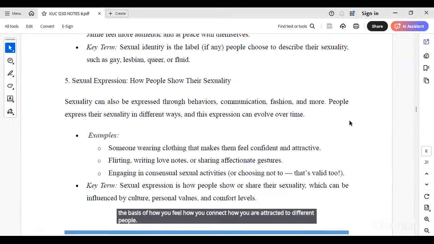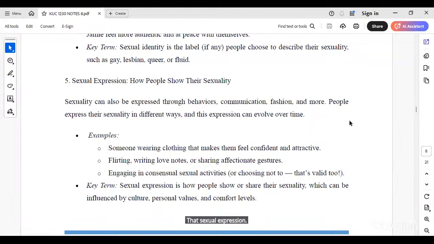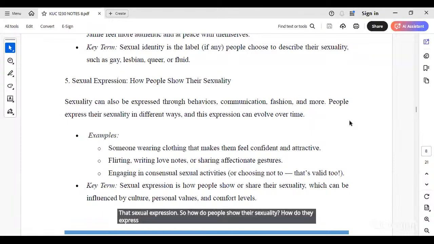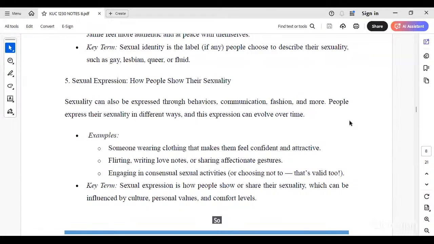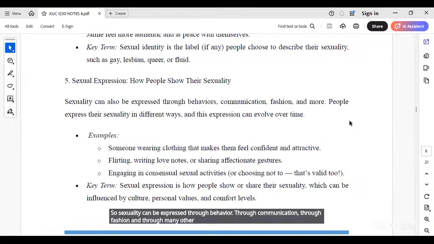Then sexual expression. So how do people show their sexuality? How do they express themselves? So sexuality can be expressed through behavior, through communication, through fashion, and through many other things. People will express their sexuality in different ways. And the most important thing is that this expression evolves, keeps changing over time.